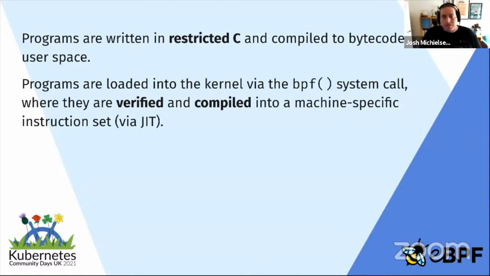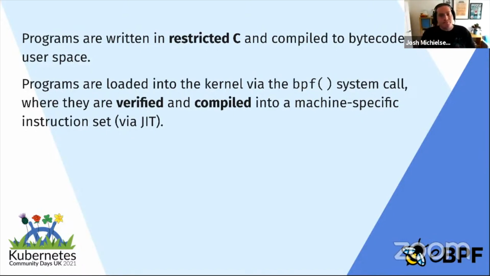Programs are loaded into the kernel via a system call, the BPF system call, where they run through a verifier. The verifier does all those kinds of things. It's basically a static code analysis to ensure that the code we're running isn't breaking any rules.